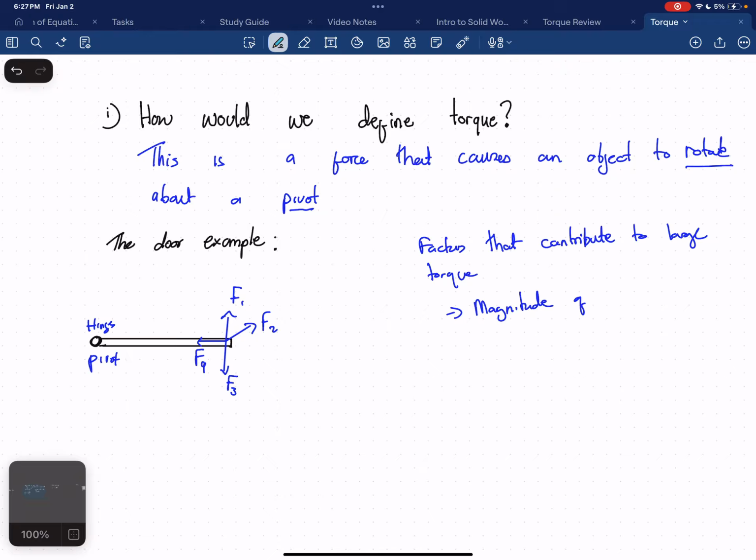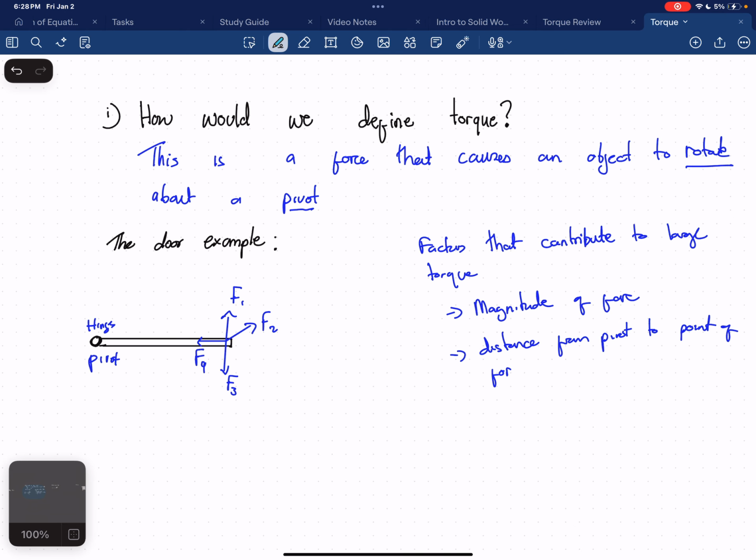Second one, distance, the distance from pivot to point of force application.